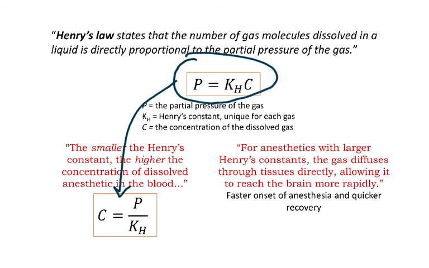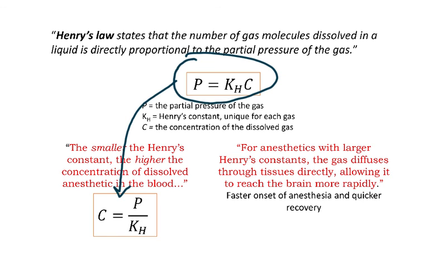Like if you're giving an anesthetic as a gas, or even as not a gas, it would still have some vapor pressure. You can look at how it would move through the body. Would it be dissolved in the blood, or would it come out of the blood and diffuse through tissues directly, right?